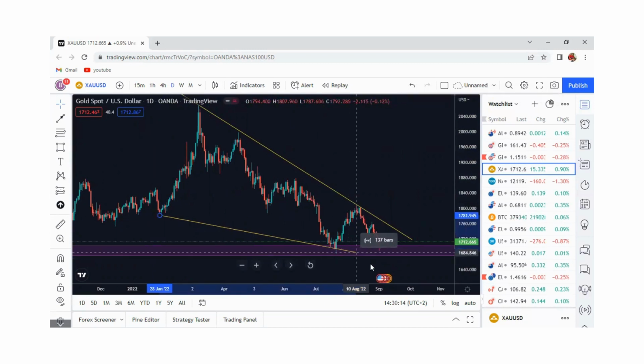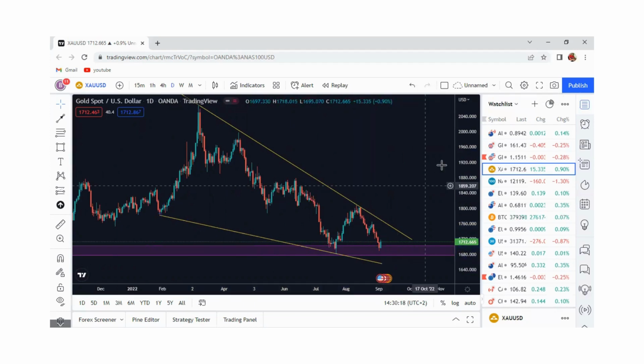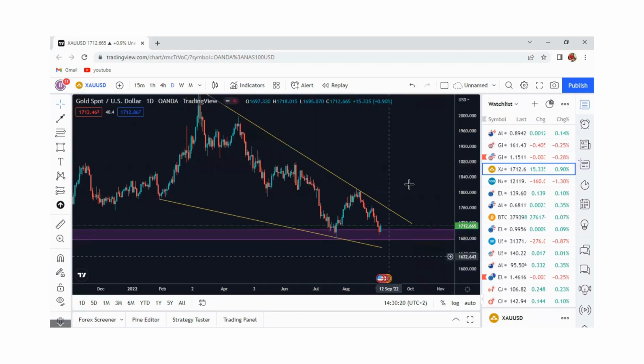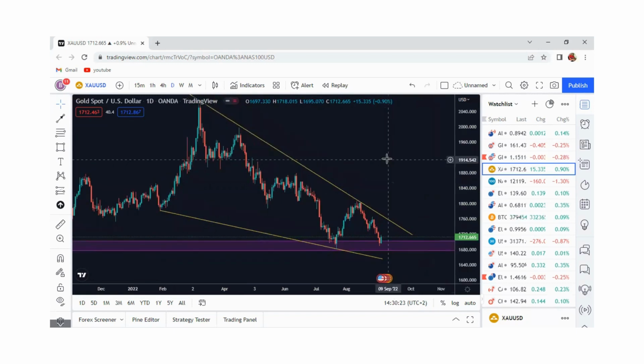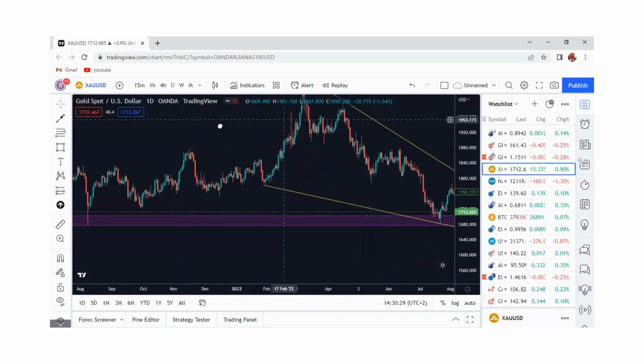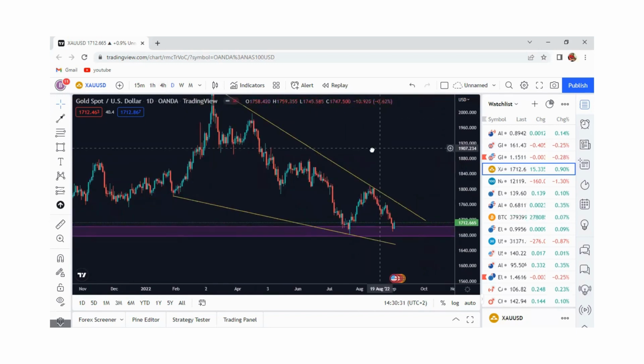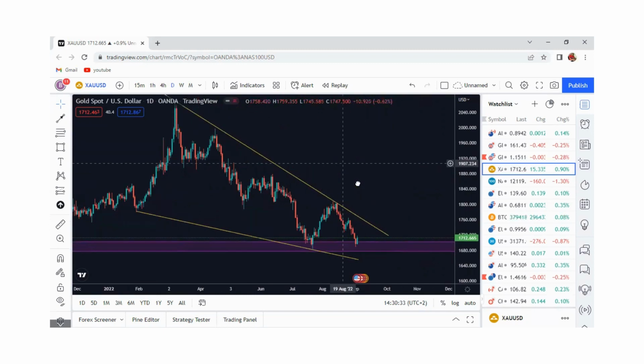That makes sense. It should come here. So we might get an entry on gold. So do you see the way it moves? It moves in a continuation manner.